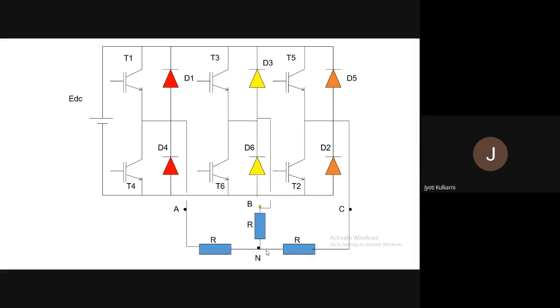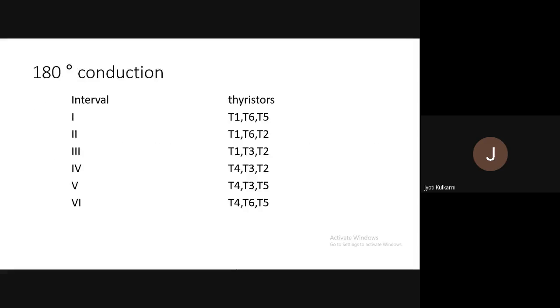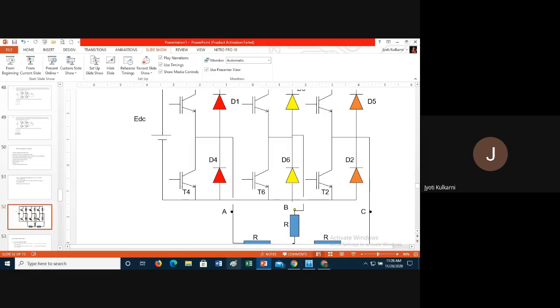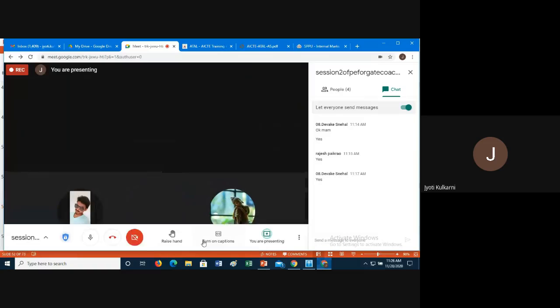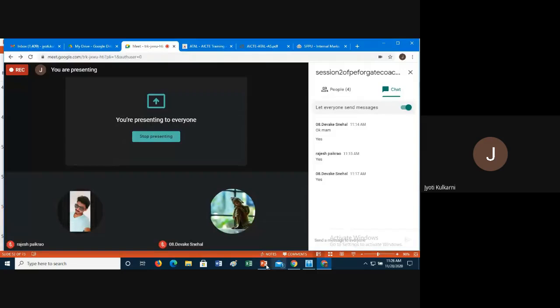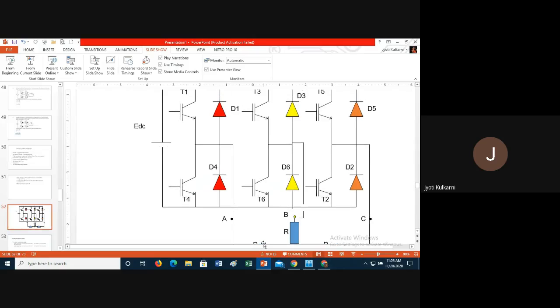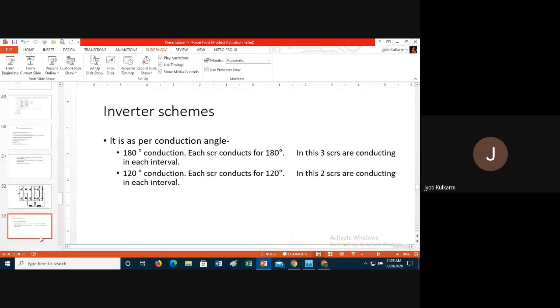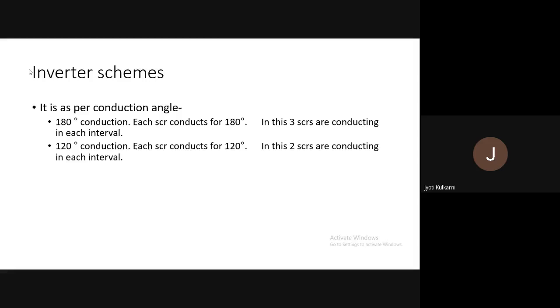As we have a three-phase inverter, the load will be three-phase. With the help of three-phase connections, either I have a star connected load or a delta connected load. Here I have a star connected load. Now, in the star connection, first of all there are two modes. Which are the two modes?